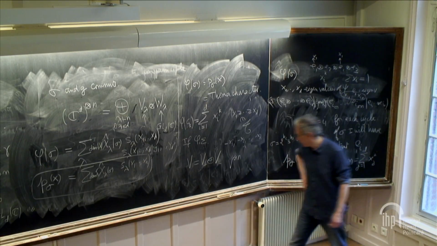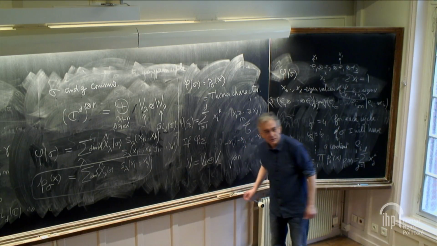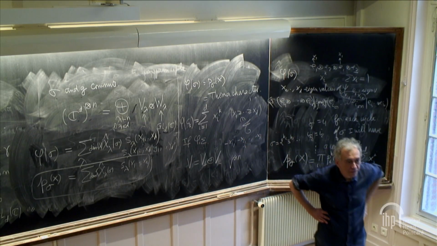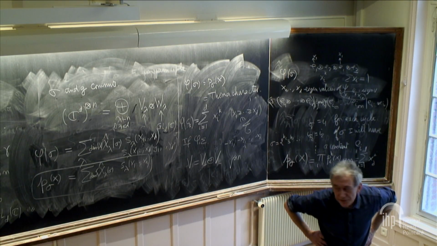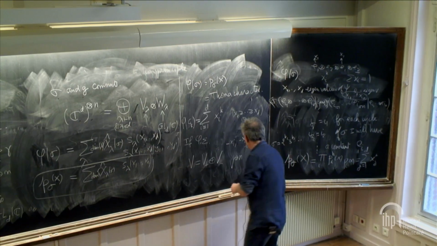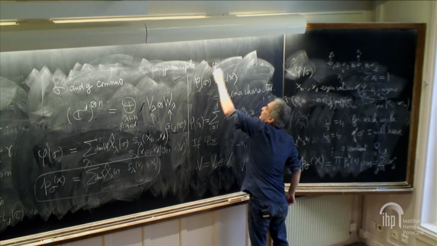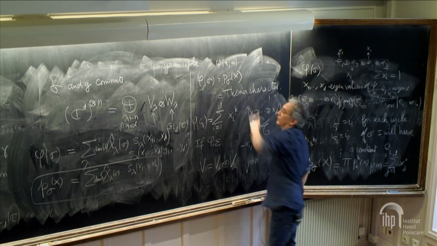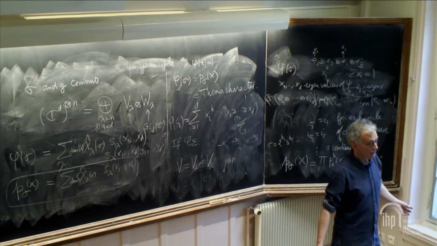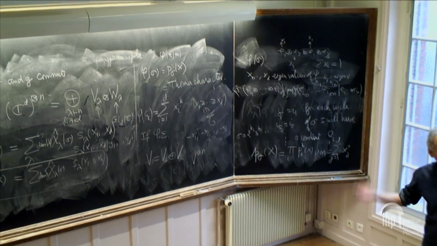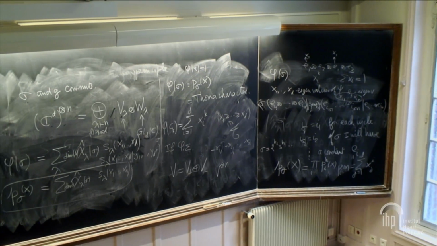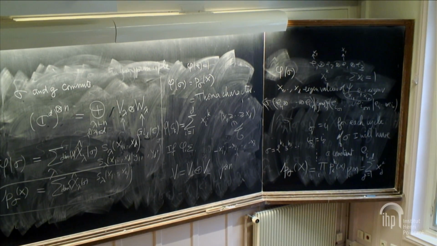So your condition then to fix the trace, this was somehow artificial anyway. It's not artificial because I want phi of the identity to be equal to 1. These are normalized positive type functions.